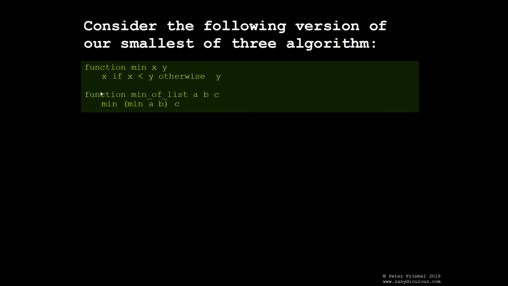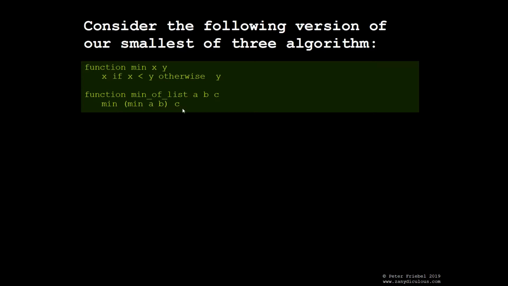The other function takes the minimum of the three, or the minimum of a list, and the list consists of A, B and C. In this function I call the previously defined function min. I take the minimum of A and B and C.